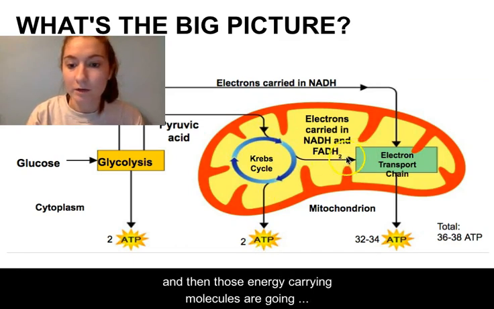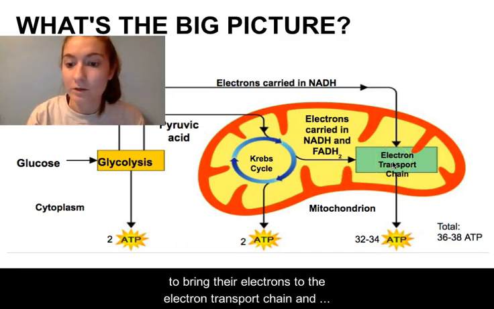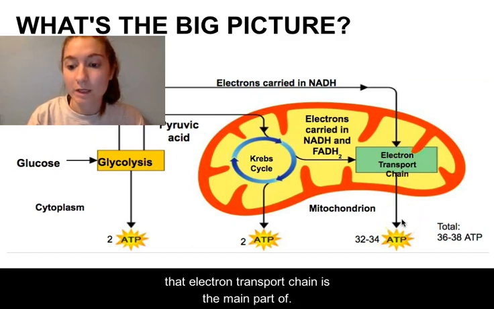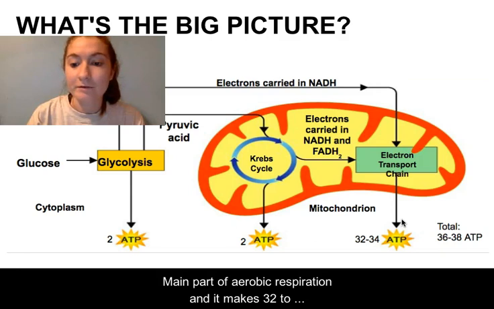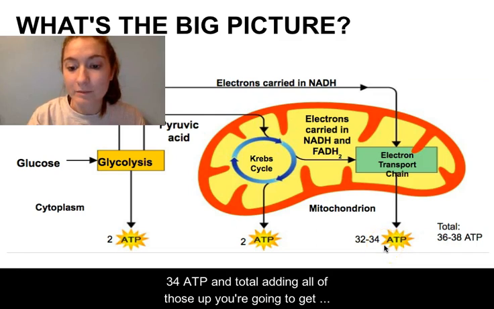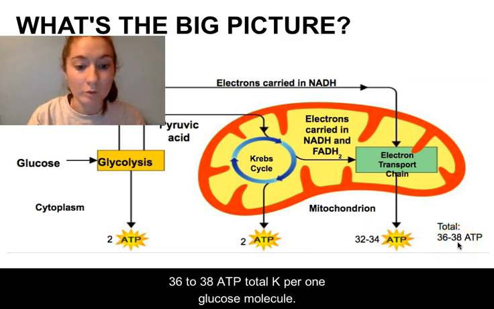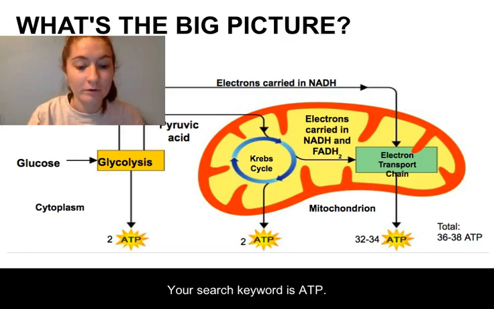Then those energy carrying molecules are going to bring their electrons to the electron transport chain, and that electron transport chain is the main part of aerobic respiration, and it makes 32 to 34 ATP. And total, adding all of those up, you're going to get 36 to 38 ATP total, okay, per 1 glucose molecule. Your third keyword is ATP.